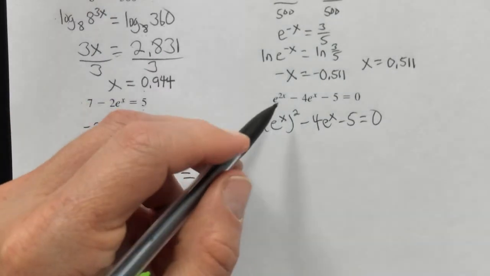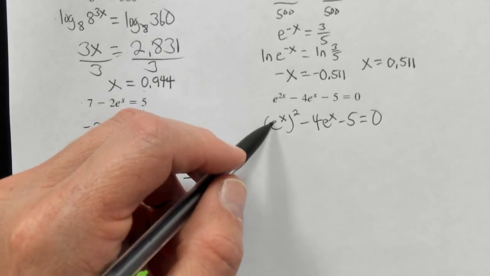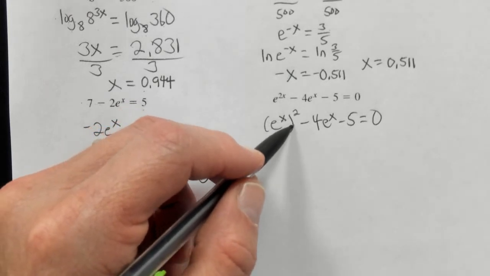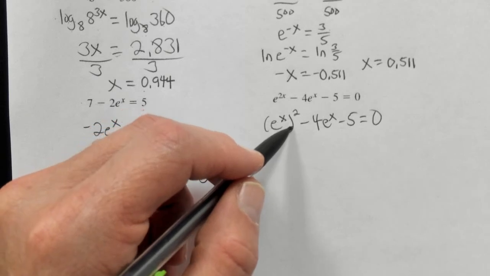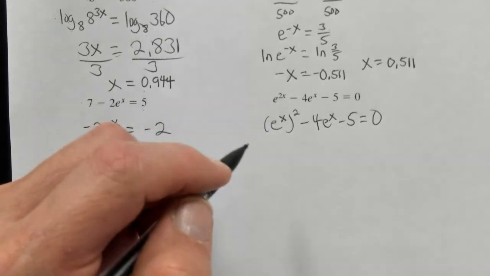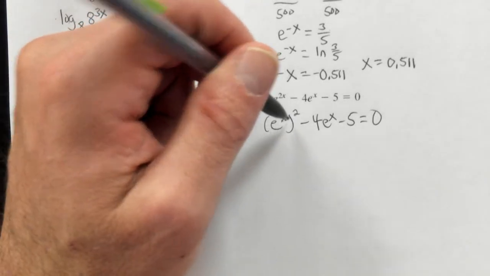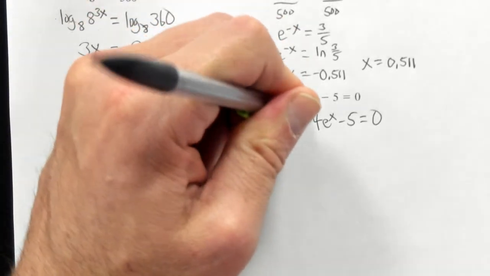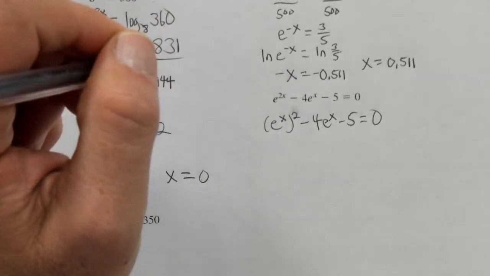E to the 2x power is the same as e to the x times itself twice. E to the x times e to the x is e to the 2x power, right? So remember, when you're multiplying, you add the exponents. Power to a power means you multiply, so 2 times x is 2x. So we've got to remember our algebra skills.